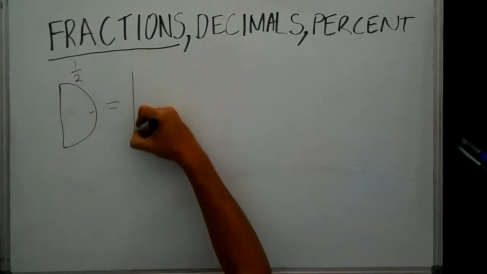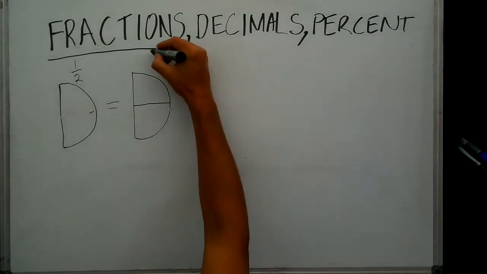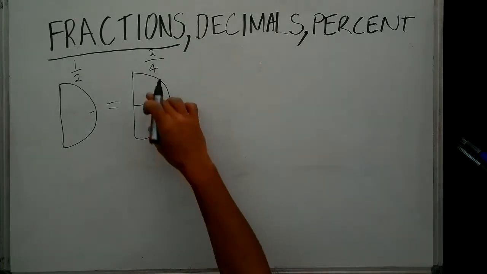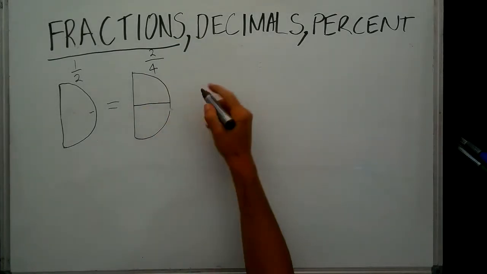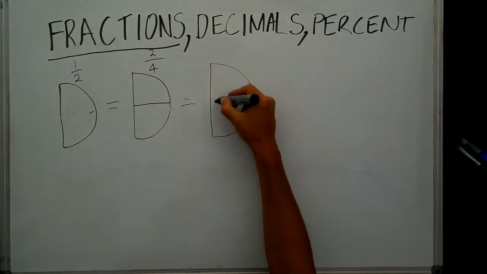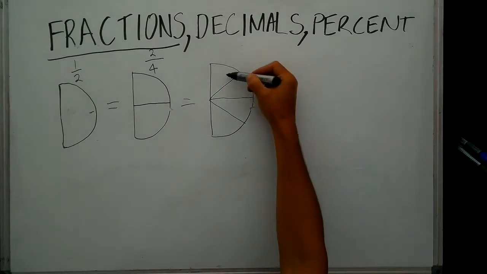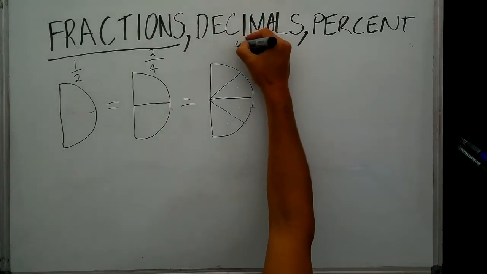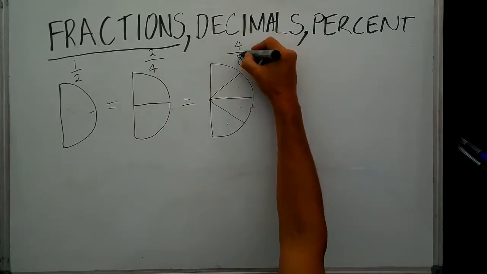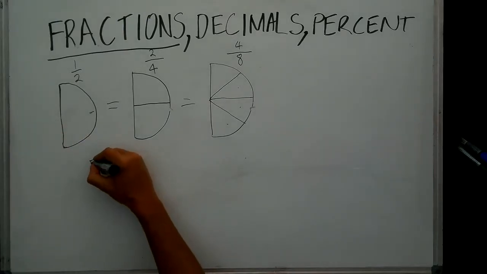This equals, so there's our half a pizza, but we're going to cut that in half. So that's 2/4. And we can cut each of these in half again. And we've got 1, 2, 3, 4 of those bits, but if we had the whole pizza, it would be 8 bits altogether. So these are all what we call equivalent fractions.